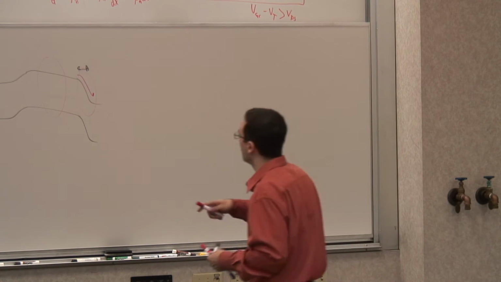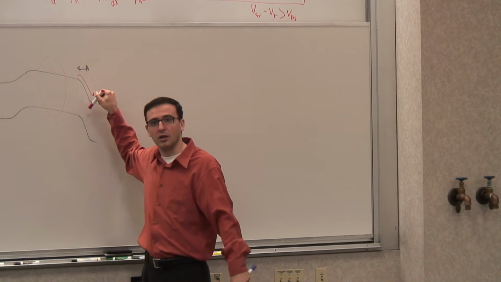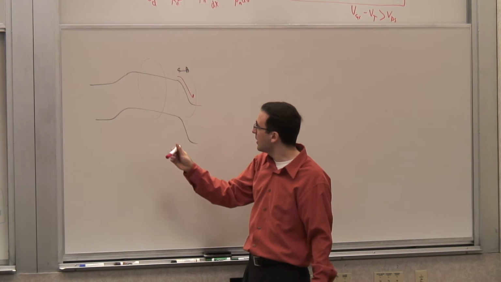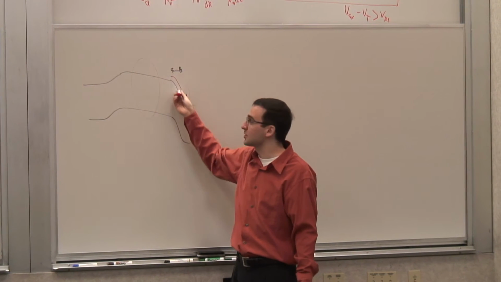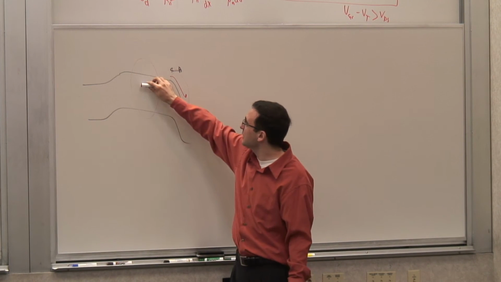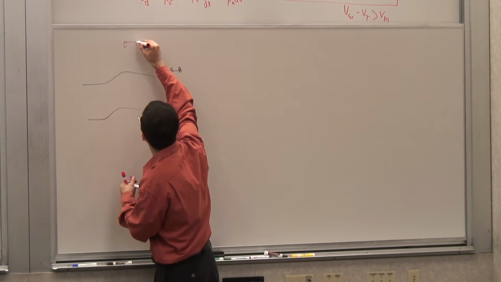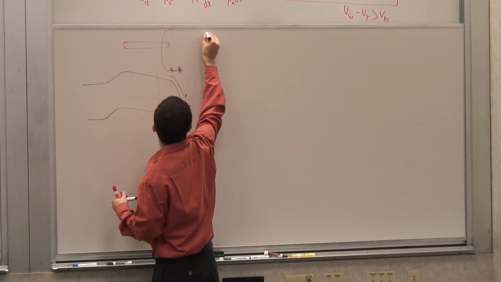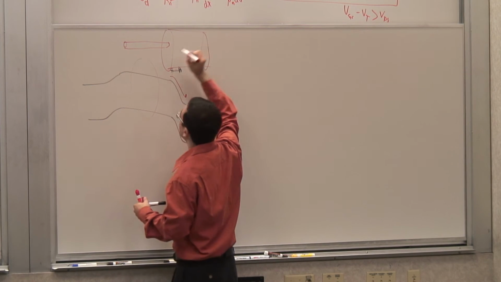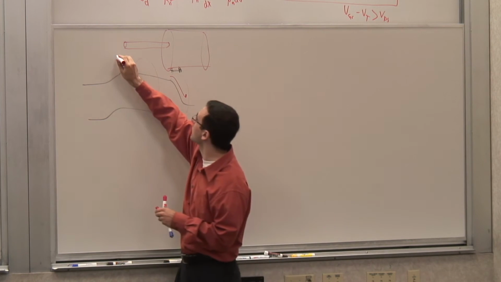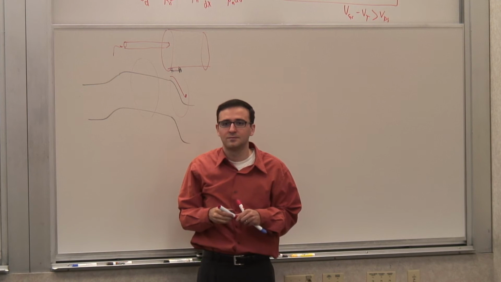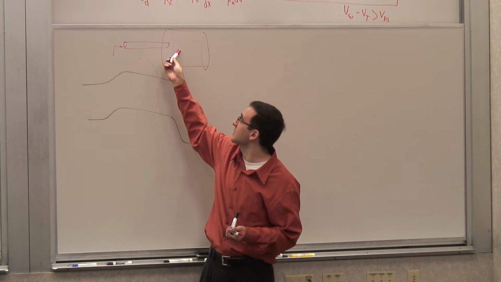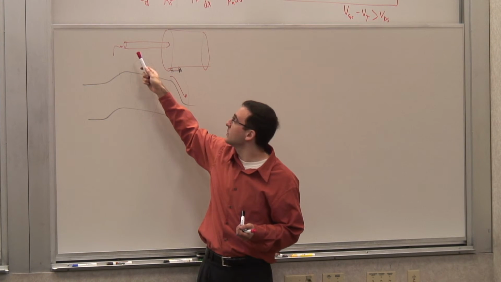This region is capable of carrying a lot of current. It has a large slope. But it can only carry all the charges that are supplied to it. So this is a thin pipe, followed by a very thick pipe, and this is your source. So it doesn't matter how big this is. The flow is limited here.